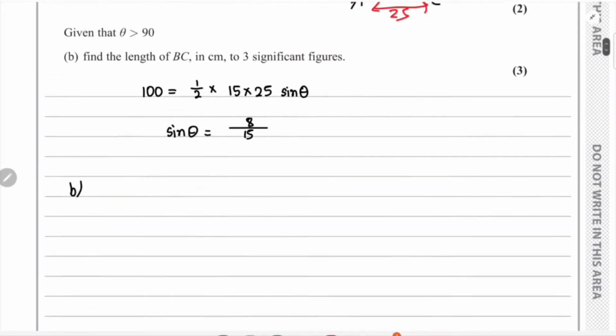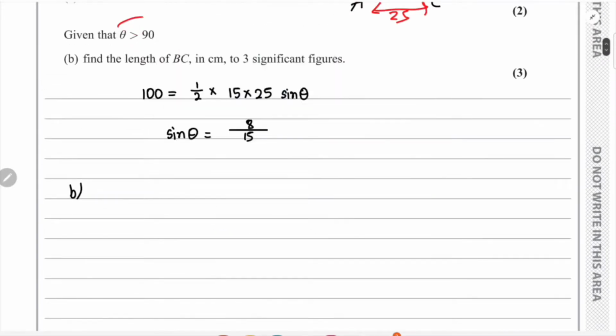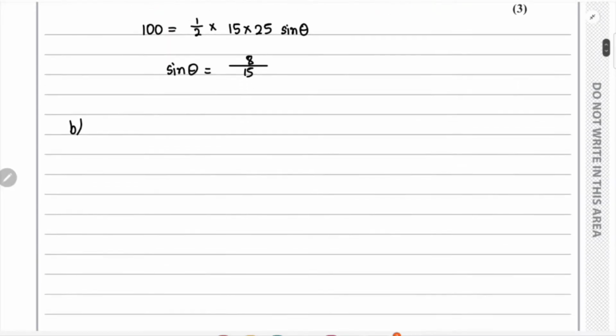Now for part B, we are given that theta is greater than 90. So the basic acute angle for this would be sine inverse 8 by 15, which is 32.2 degrees. However, we want theta to be greater than 90, so it will lie in the second quadrant.